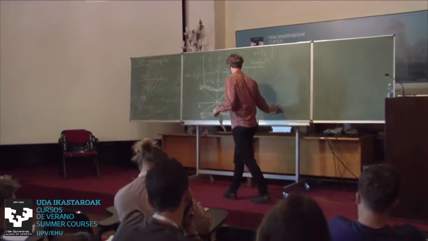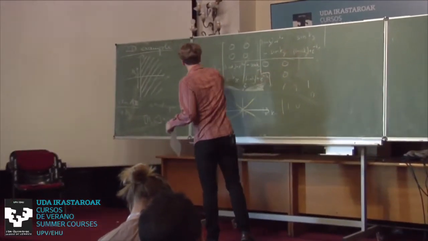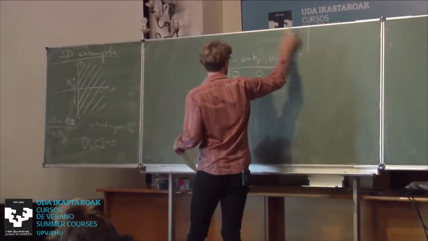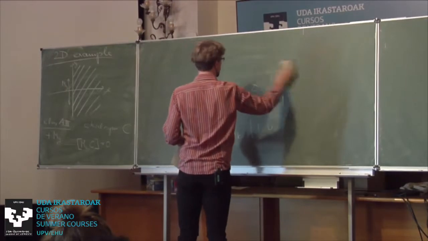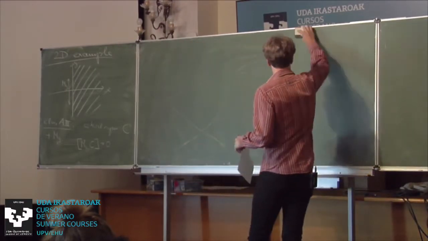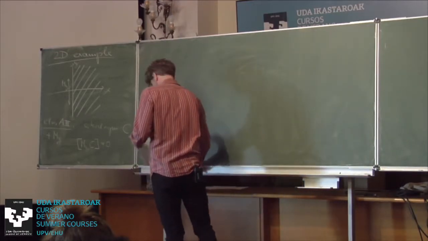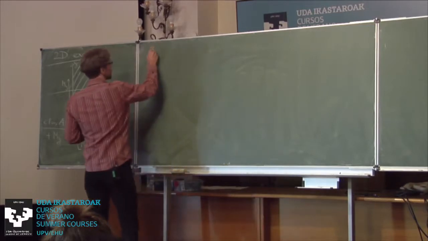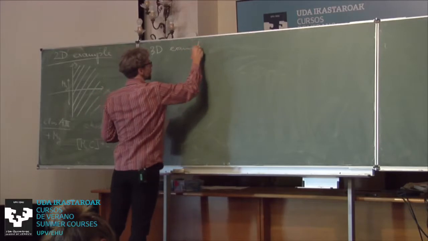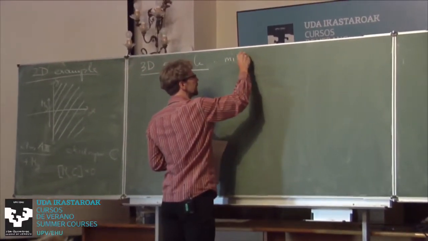In 3 dimensions, we have much better examples for these topological crystalline insulators, and the reason is that in one dimension lower, in 2D, we have a very natural and robust topological invariant, and that's the Chern number. So the 3D example will use the mirror Chern number.